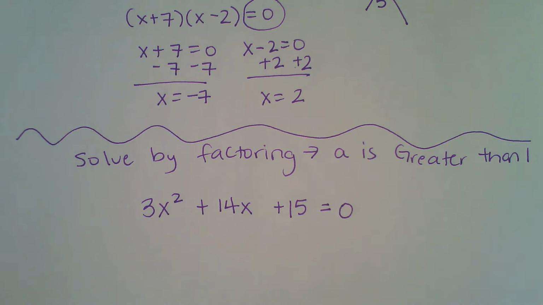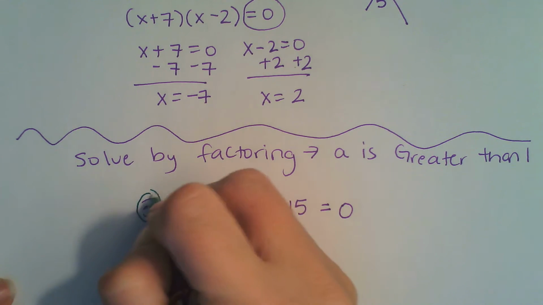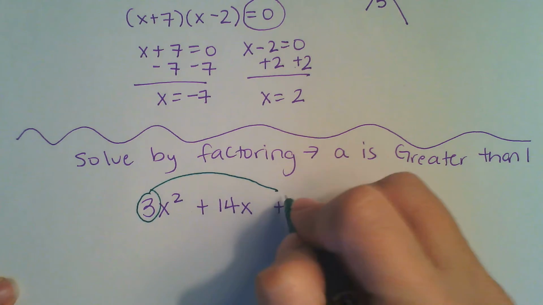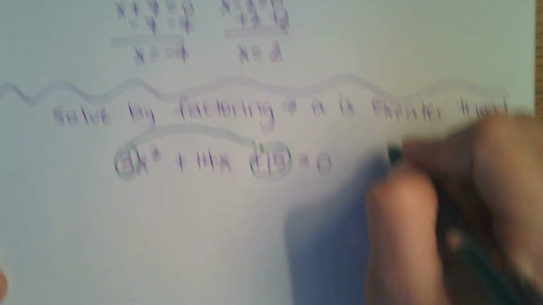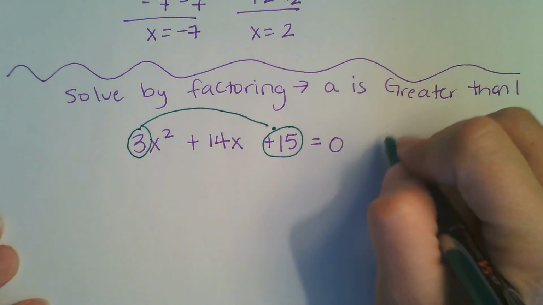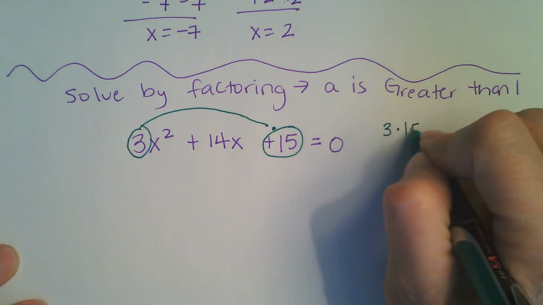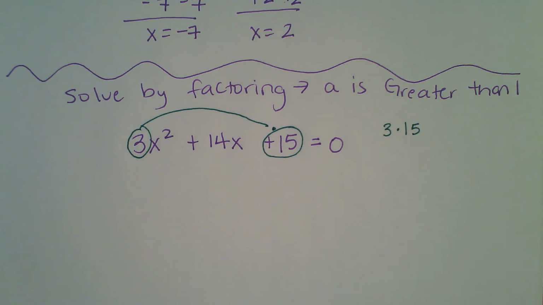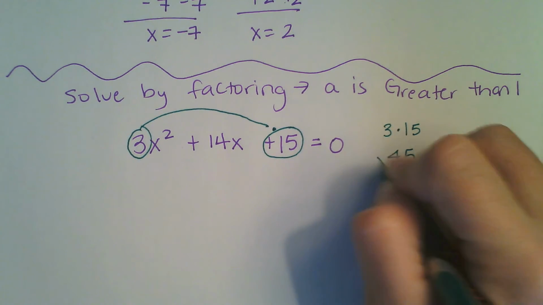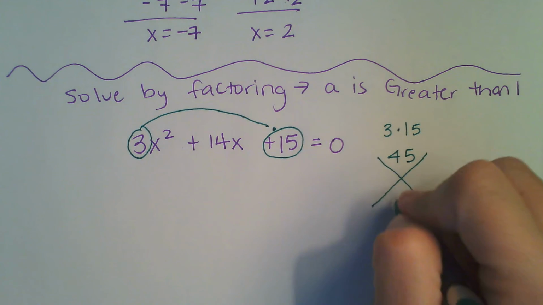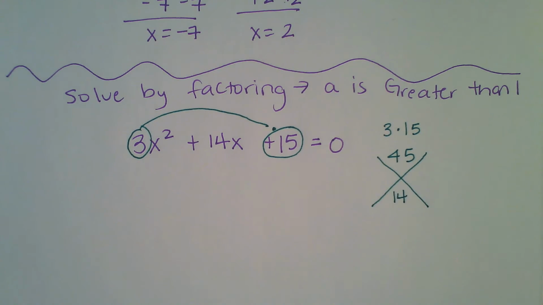Okay, so when a is greater than 1, we will have to multiply 3 times 15, which is going to be 45. We need factors of 45 that add to 14. 9 and 5. Okay.